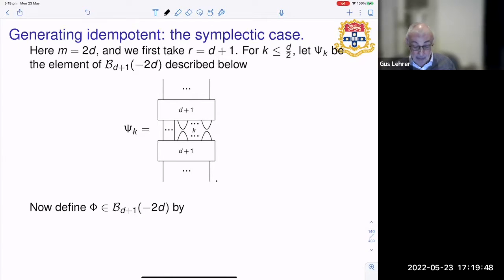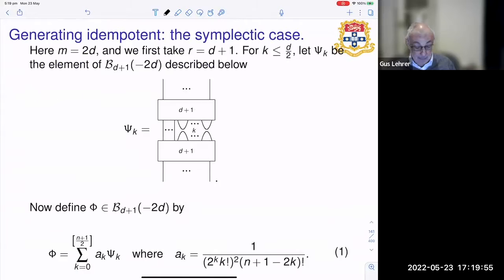Then we define phi by the formula: phi is the sum, K equals 0 to the integral part of n plus 1 over 2, AK psi K, where A is this coefficient. I mean there that n should be.